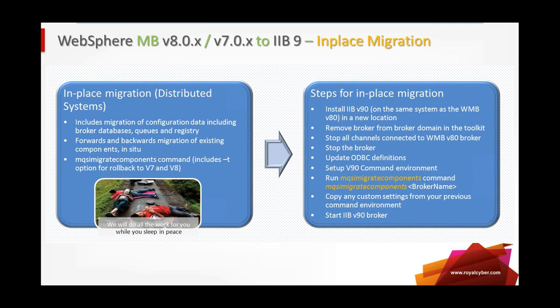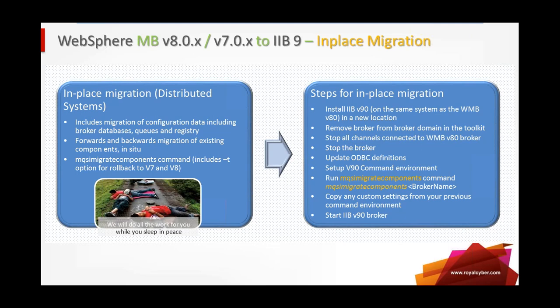But the detailed steps are: you have to install your IIB 9 on the same system but in a different location, right? You have to remove the older broker from the toolkit. Then you have to stop all the channels for the older broker. Then you have to stop the broker.